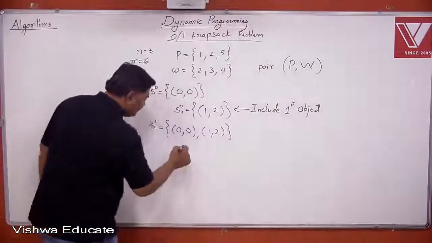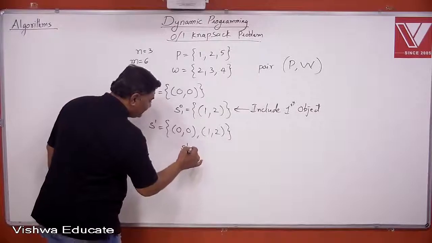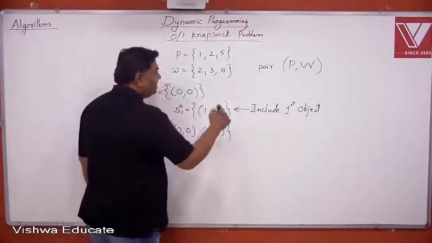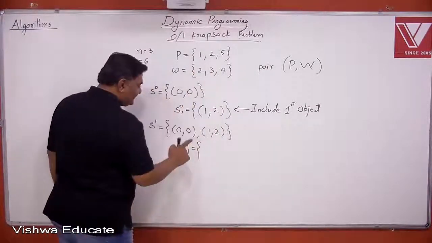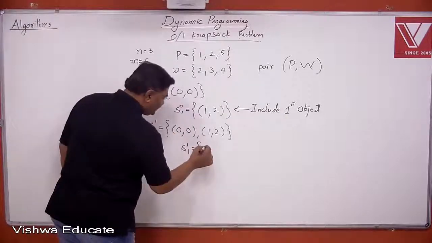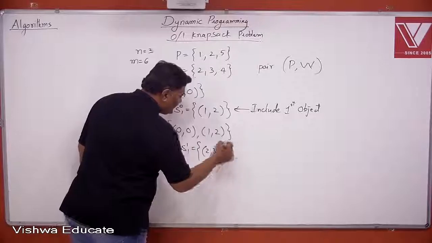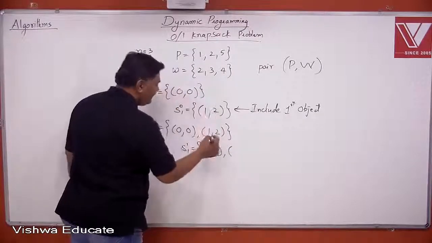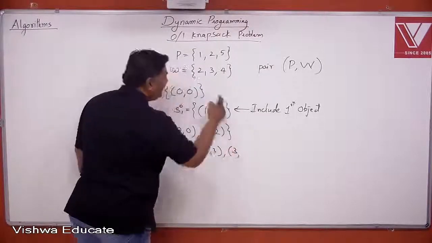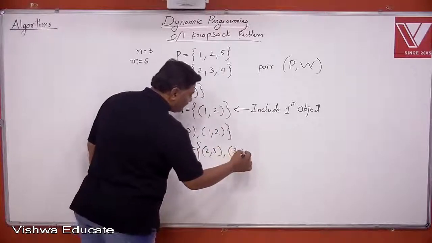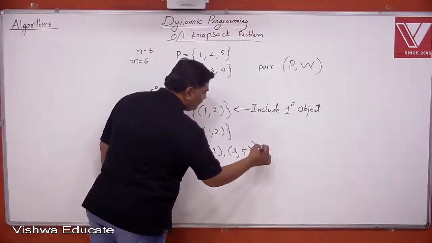Then next we will prepare S11. In this set we will include the second object, that is 2, 3. So we will add 2, 3 to both. Profit 2 is added, so this becomes 3, and weight 3 is added, so this becomes 5. So we got this ordered pair.